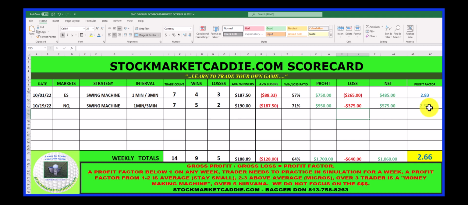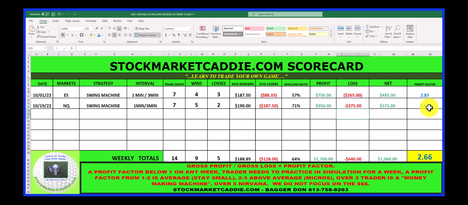If you have a profit factor of 1, anywhere from like 0.9 to 1.1, you are flipping coins, and the only one making money are the brokerages with commissions. You're not making any money. If you are below that, you are losing money, and you are running a business in the red.